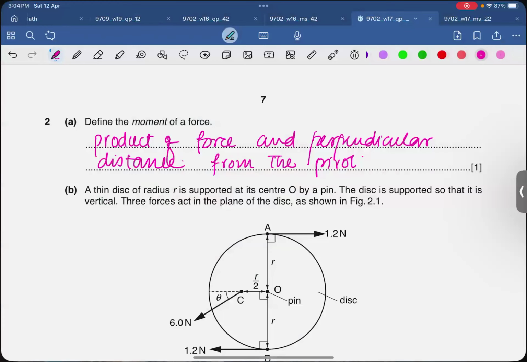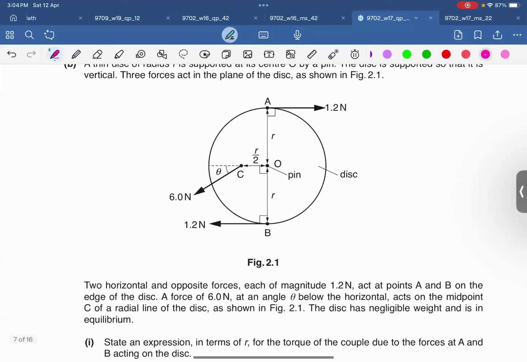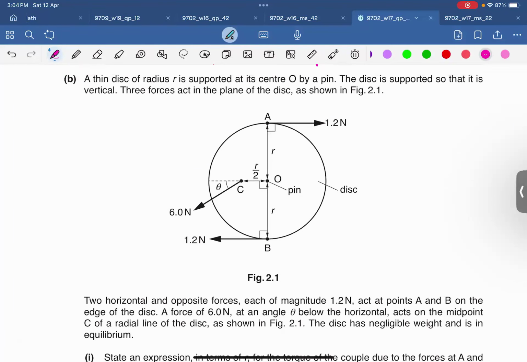Okay, आगे आ जाइए please. A thin disc of radius r is supported at its center O by a pin. The disc is supported so that it is vertical. Three forces act in the plane of the disc, as shown in figure 2.1. Two horizontal and opposite forces, each of magnitude 1.2 newtons, act at points A and B on the edge of the disc.